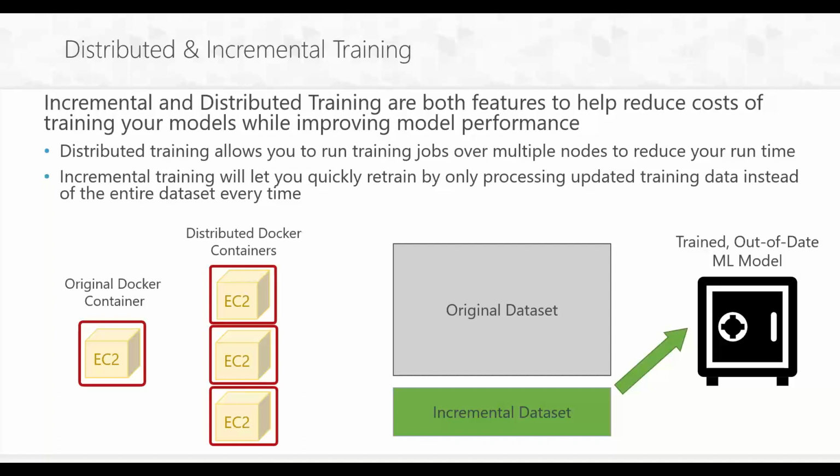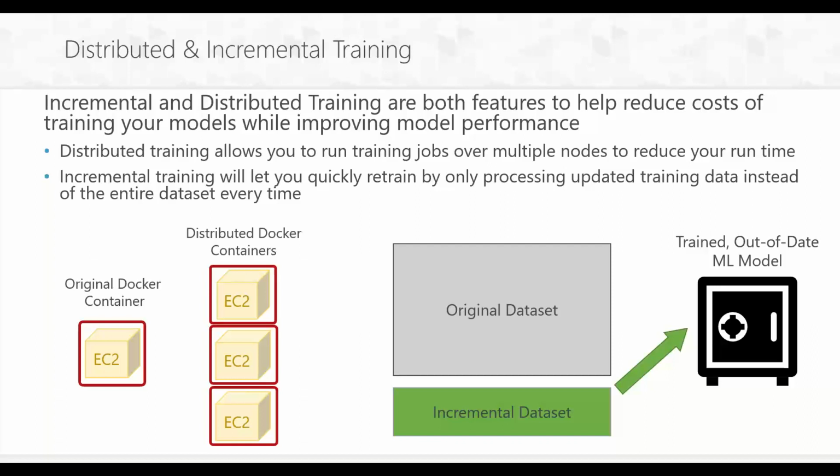And also, there's incremental training, which is really effective, especially for image classification or object detection in images. When you're retraining your model, a lot of times what happens in the background is you're feeding in the original data set plus whatever's changed into your new model, and so every time you retrain it, it becomes incrementally more and more expensive to retrain.